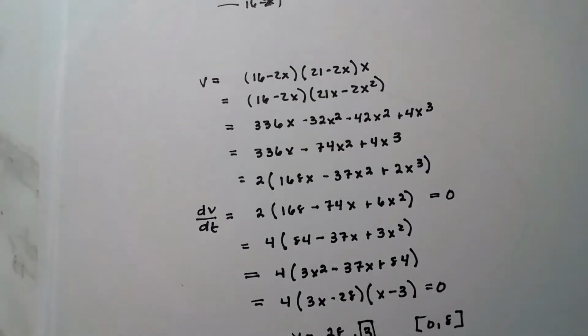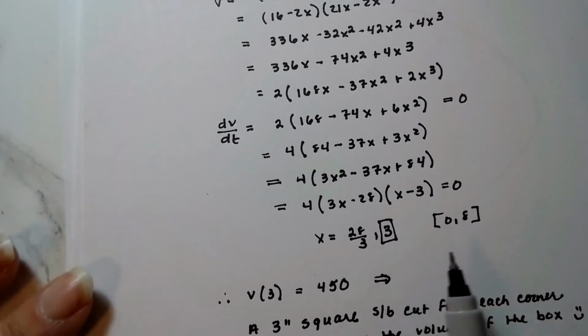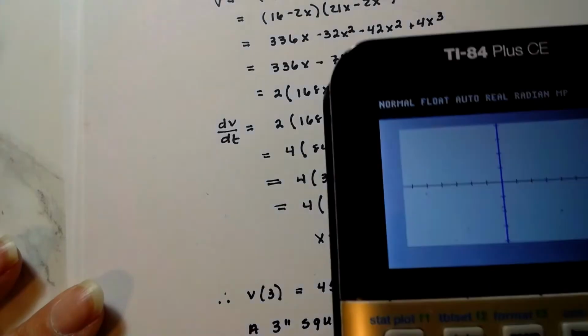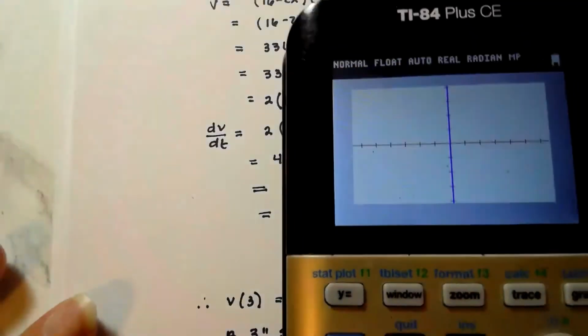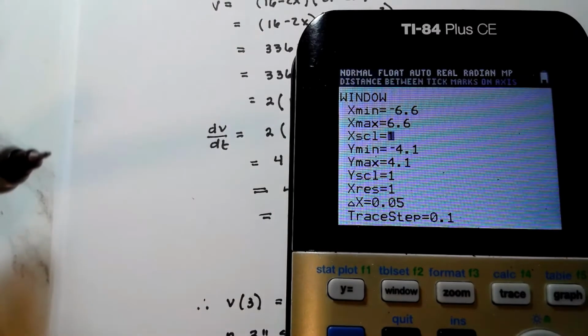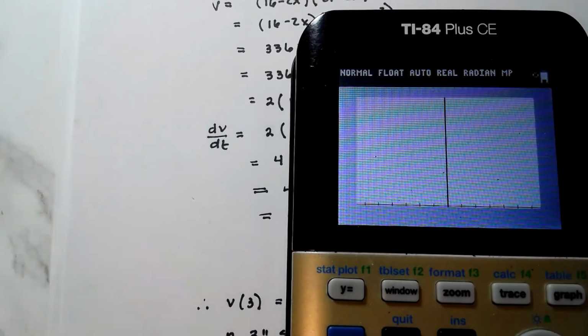So remember that by taking the derivative by hand real quick, I know that I'm going to have this huge y value, 450. So if that's the case, all you have to do is fix your window. So the y max, I'm going to put, say, 455. Okay, and if I hit the graph key now I can see that, right?